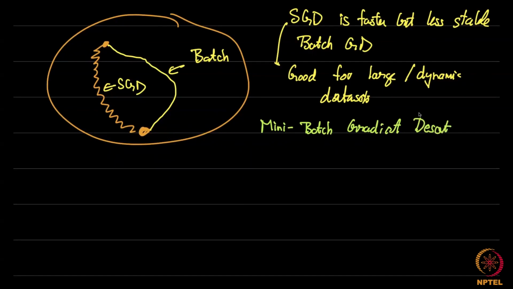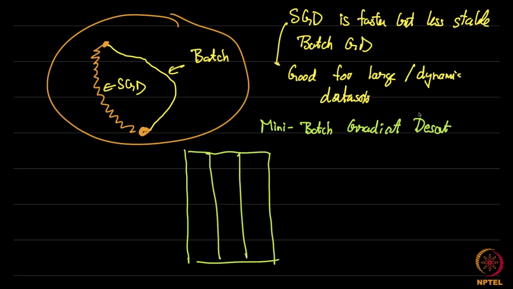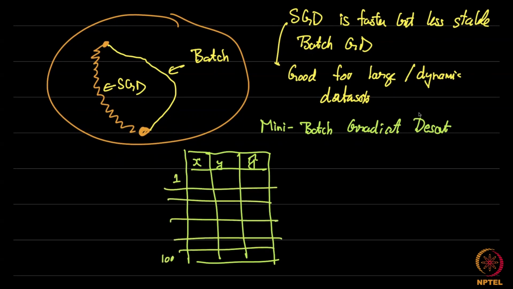Now, mini batch gradient descent works like this. Suppose this is our block, again of X, our data set X, Y, Y hat. Let's say, again, we have 100 points. Now, instead of taking either completely 100 or a completely 1, we can go somewhere in the middle.